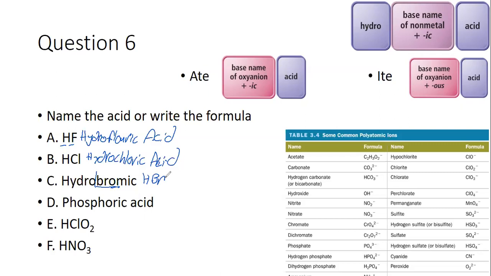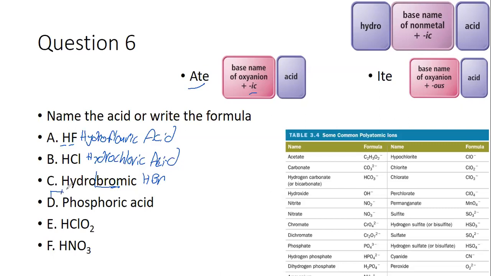Then we have phosphoric acid. So we have something that ends in phosphoric, which would come from phosphate, right? Anything that ends in ate, we get that ic acid. And this is an oxyacid because there is no hydro in front of it.